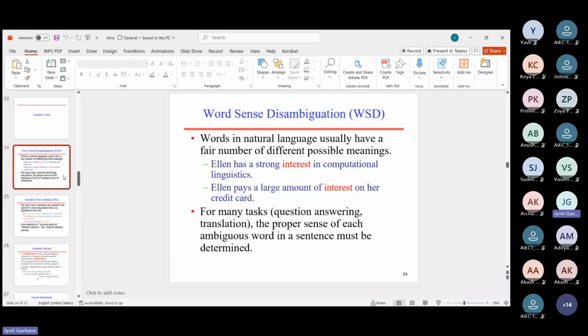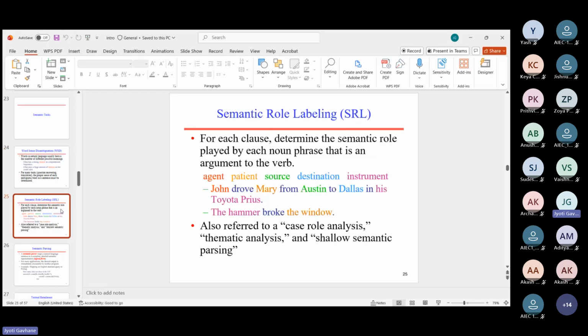Now, in question answering and translation, the proper sense of each word in a sentence must be determined and it should not be ambiguous. That is the important factor in semantic analysis. Now coming to role labeling in semantics, it is called semantic role labeling.